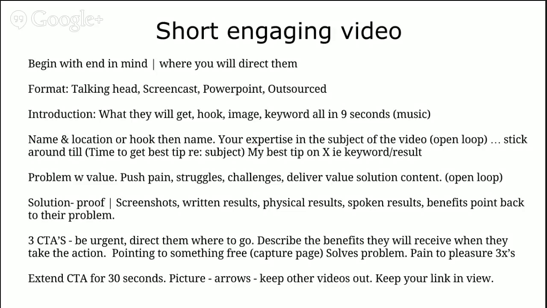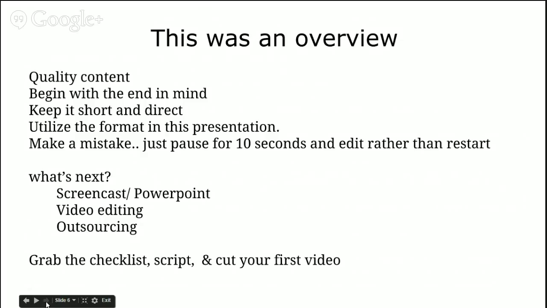So you can have an arrow pointing down and things like that. What that does is keep other videos out. It keeps your link in view, because once the video ends, your link in the description goes away. Right. Okay. And people will not go back on that. So you want to get them to click before that happens. And that's why you want to extend it out for about 30 seconds.